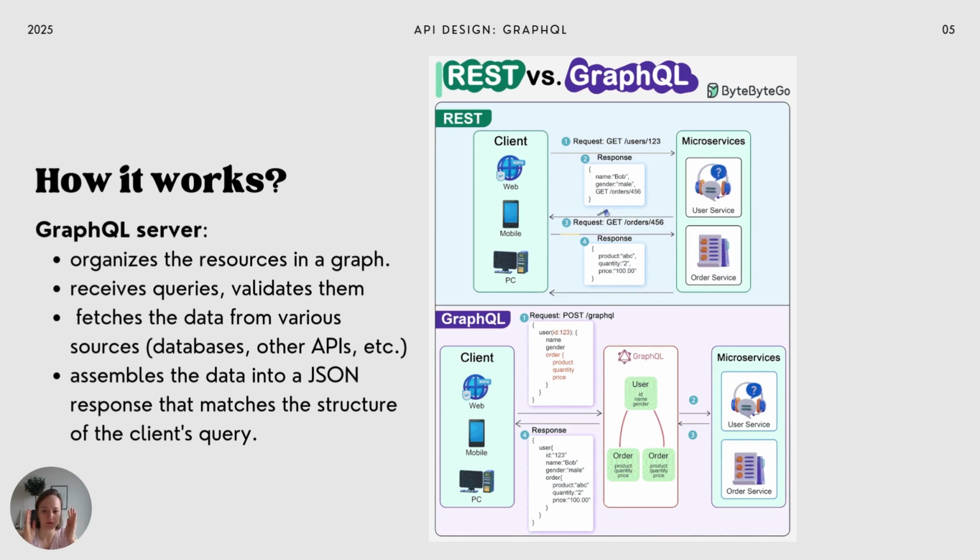We have a resource user, and here is our endpoint users. Here instead, the user will be just a node in a graph, and it can be connected to other things. And when I fetch data, maybe for my interface I want to fetch both the user and its orders in one neatly defined JSON object instead of doing multiple requests to my server.